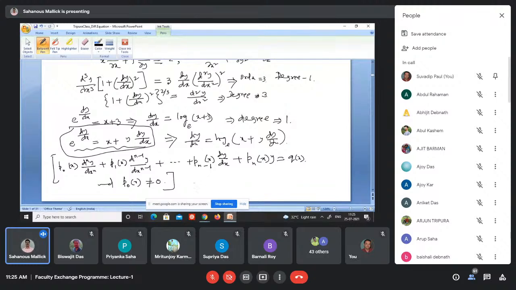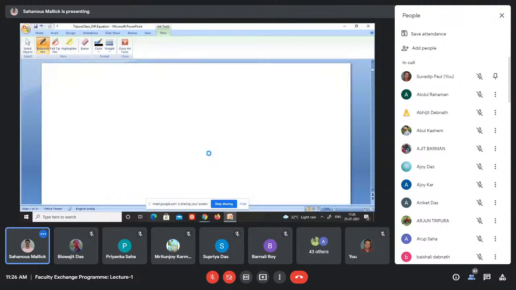We provide some examples of non-linear ordinary differential equations, as (dy/dx) whole square plus dy/dx minus 6 equal to 0.